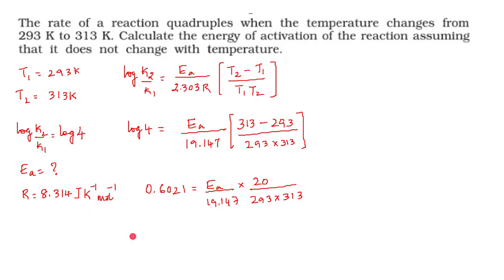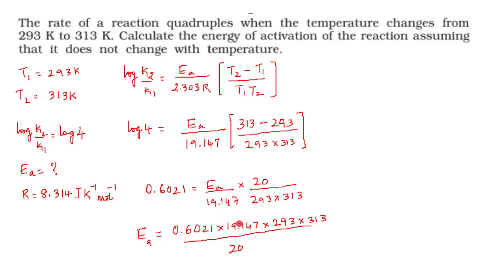Now you are going to calculate Ea. Rearrange the values. Ea is equal to 0.6021 multiplied by 19.147 multiplied by 293 multiplied by 313, divided by 20.